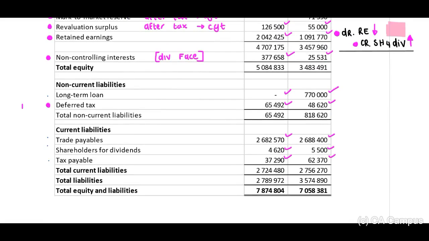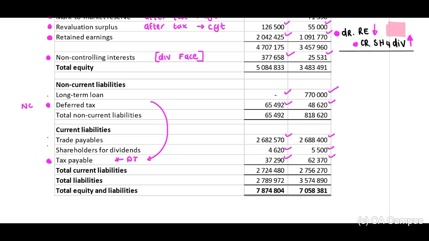Remember, this is non-cash. Now, remember, on the face of your statement of cash flow, we need to include our tax payable. But to be able to do this, we will first have to determine our movement in our deferred tax T account and transfer this to our tax payables, right?